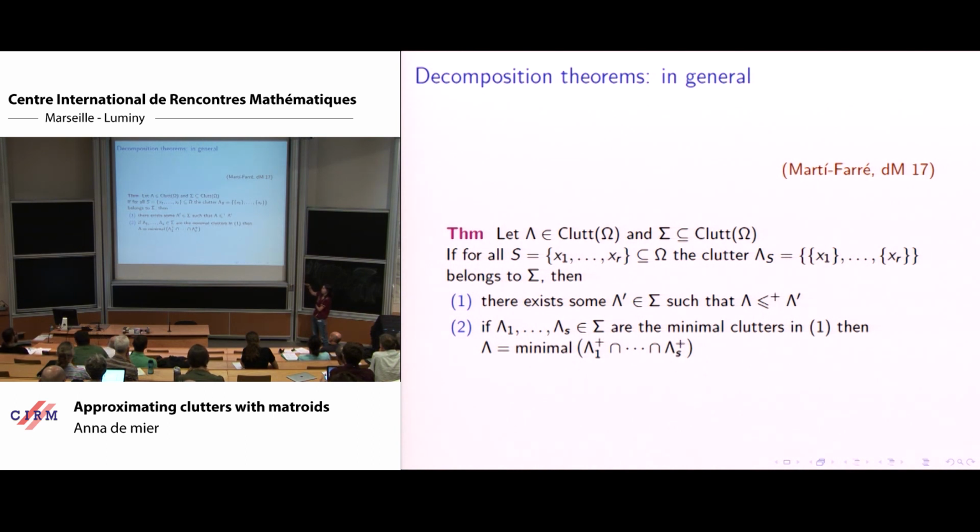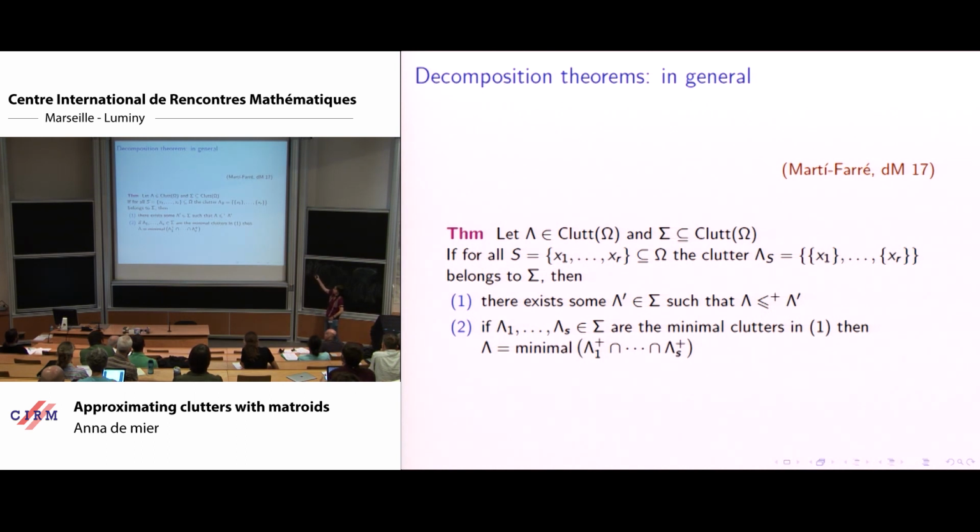If I take the minimal elements in sigma that are just above lambda, my original clutter lambda can be written in this form: you take all the ascending families of all these lambda 1 to lambda s, take all the intersections, and then take the minimal ones to get a clutter. And that recovers lambda.